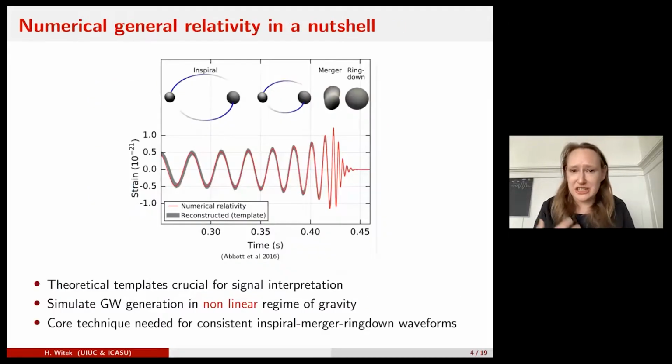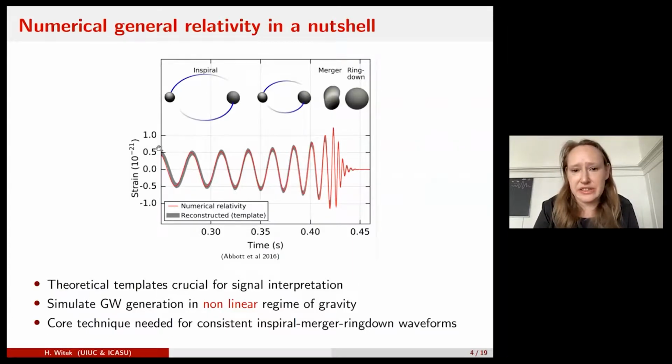And before actually going beyond GR, let me just remind you where that falls into the bigger picture, even within general relativity. For that, I'm showing you here a plot from the discovery paper in 2016 for the first gravitational wave detection, where we have the strain as a function of time. This is a numerical relativity simulation for this very first gravitational wave detection, GW150914.